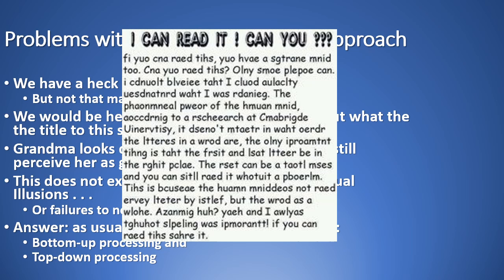I'm looking for a noun. Looks like it probably starts with R and ends in CH. It has something to do with reading and the human mind, and it's probably related to Cambridge University. So that kind of thing, you're using lots of information to hypothesize as to what you are looking at.